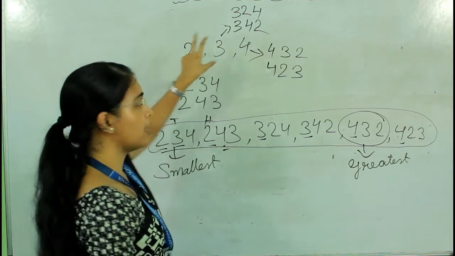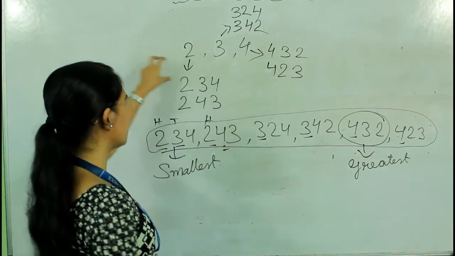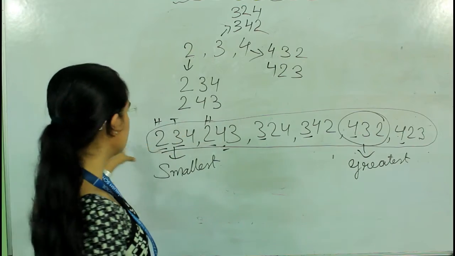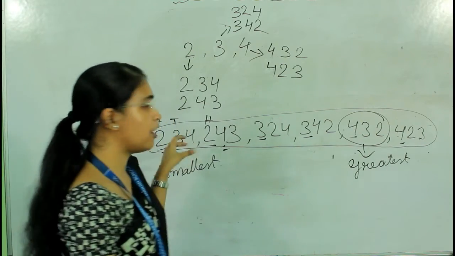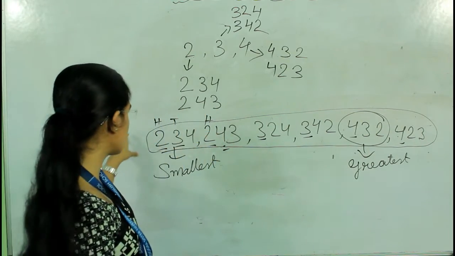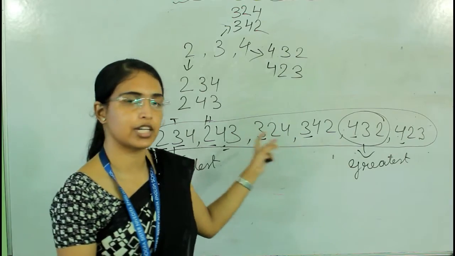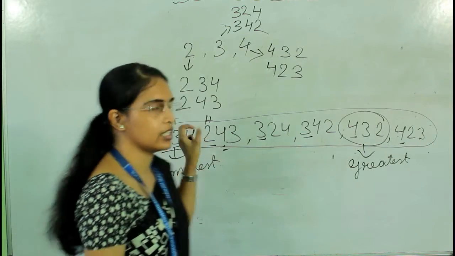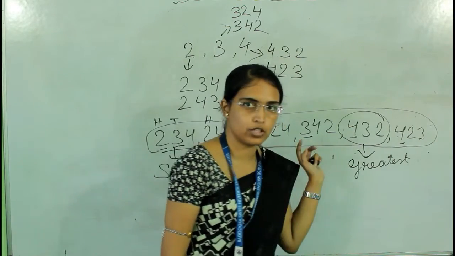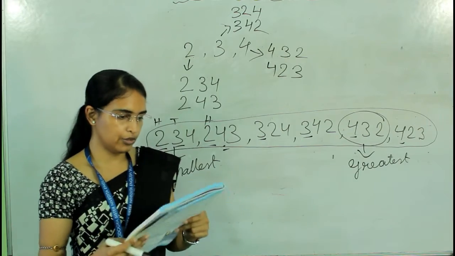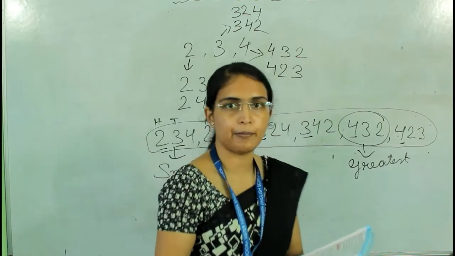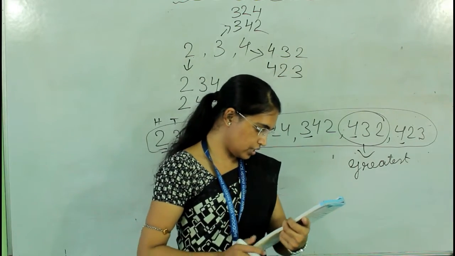First, with the help of some digits, we can make different numbers. Then, with the help of the places of 100, tens and ones, we can find out the smallest and the greatest among those numbers. Okay. Now we will do exercise 5.8. Here the question is number 1.